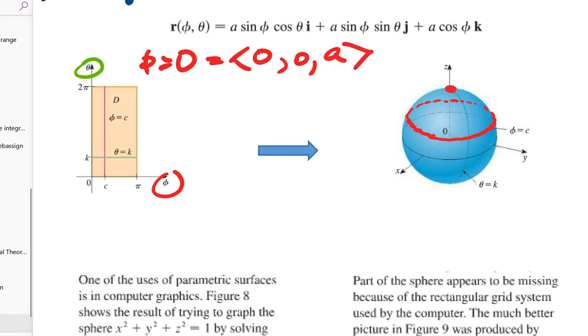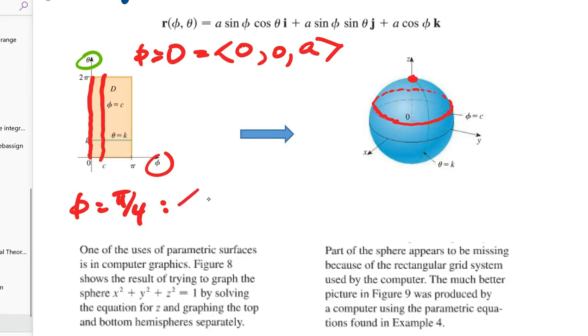That whole line is mapped to that little point there. And then as we move to the right, we get more and more circles. So let's just do phi equals pi over 4.